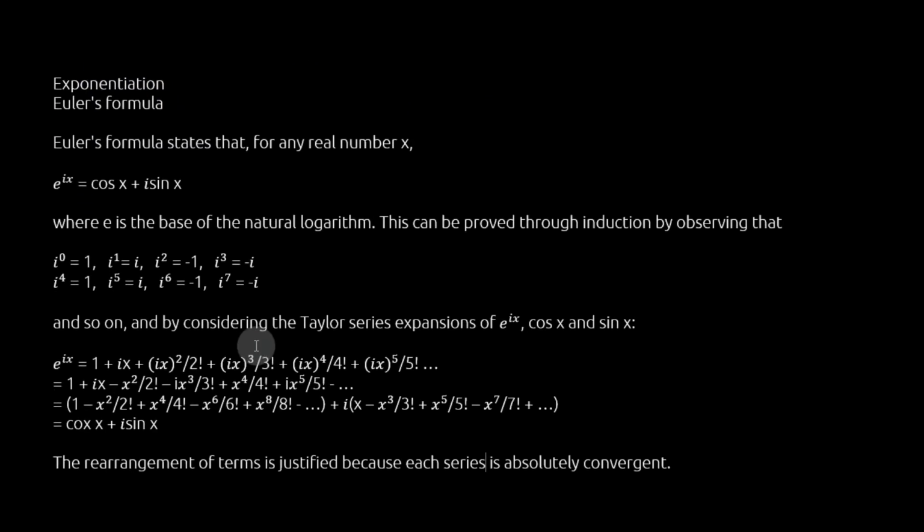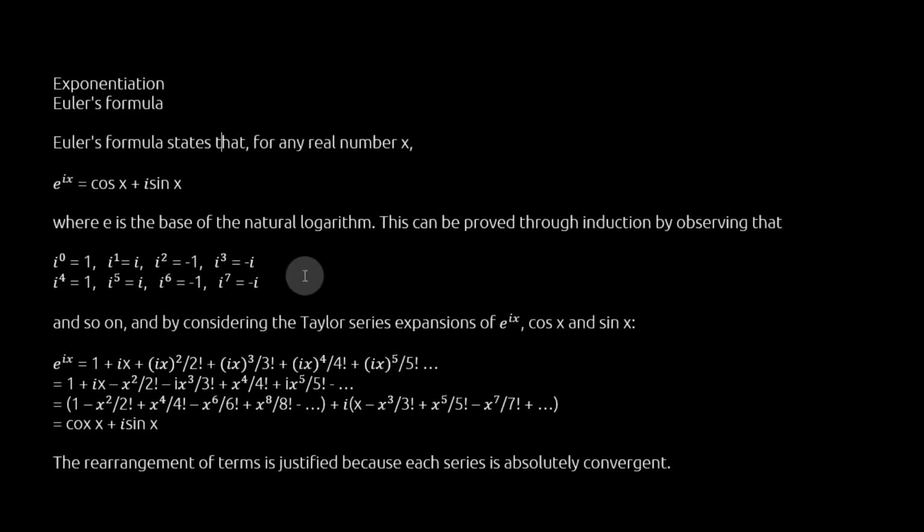Then we move on to exponentiation. Euler's formula states that for any real number x, e to the power ix is equal to cos x plus i sin x, where e is the base of the natural log.